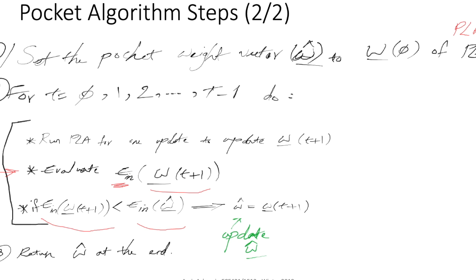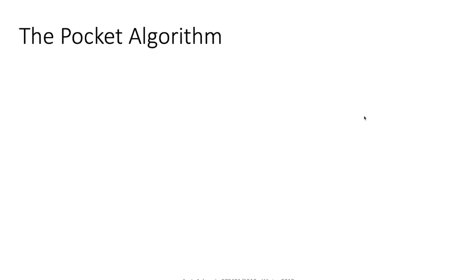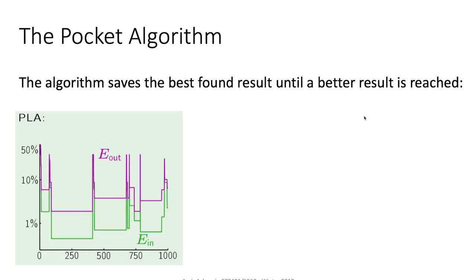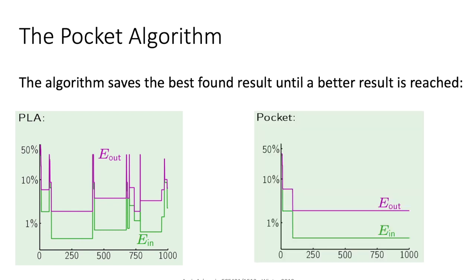All right, let's have a comparison between having a pocket algorithm with PLA or a pure, vanilla PLA. So what's going to be the difference here? That was our in-sample error of PLA on the left side, you see.